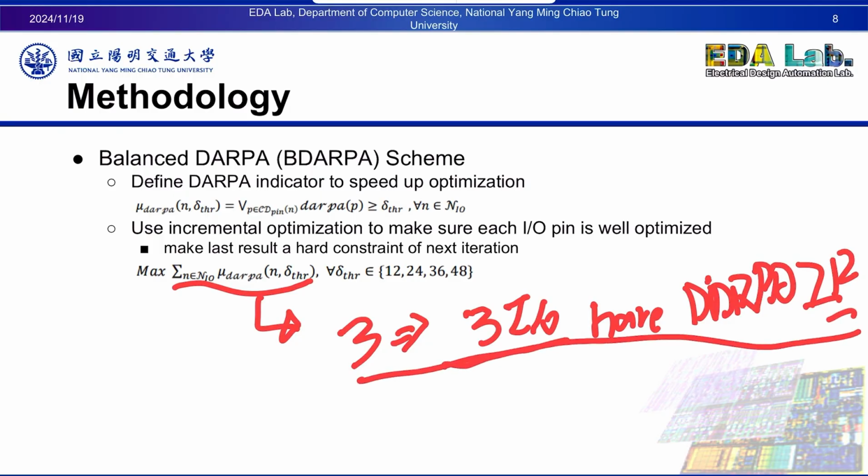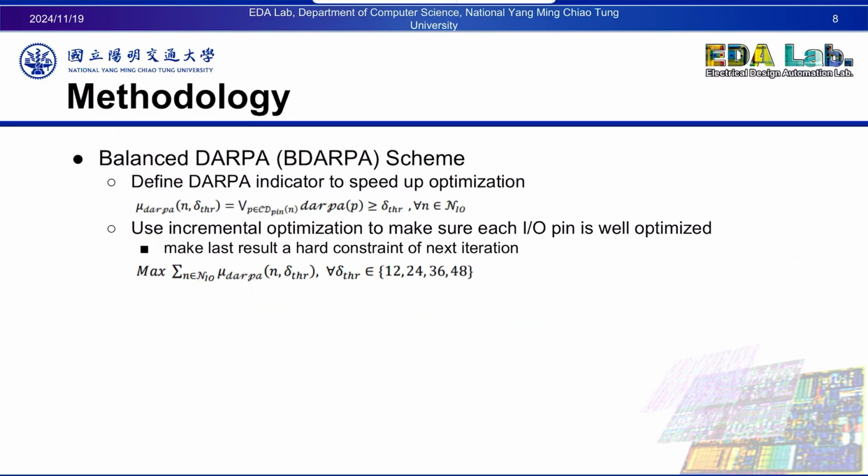So we can set this as a new hard constraint and optimize for 24, and finally we can get a solution where the I/O pins are well optimized evenly.